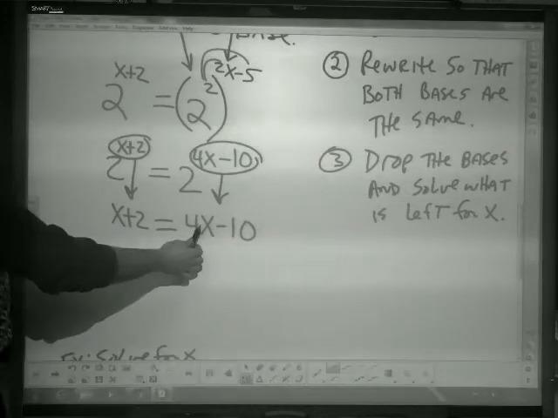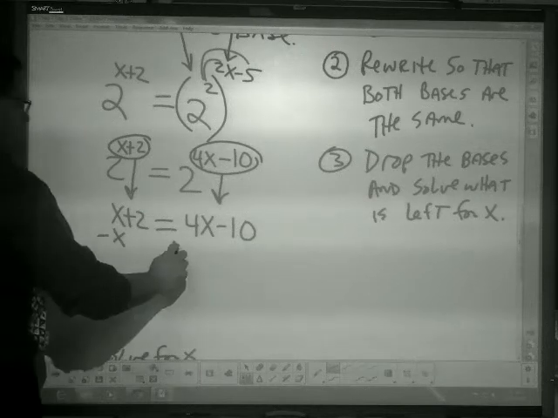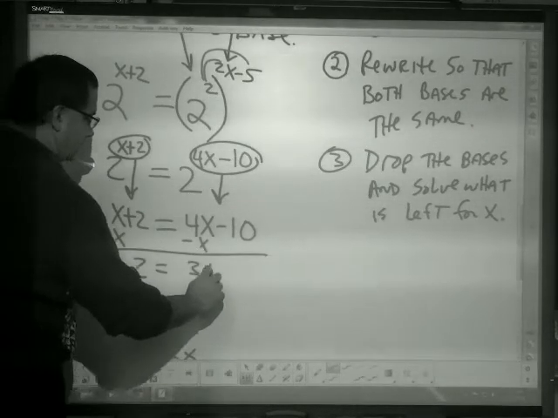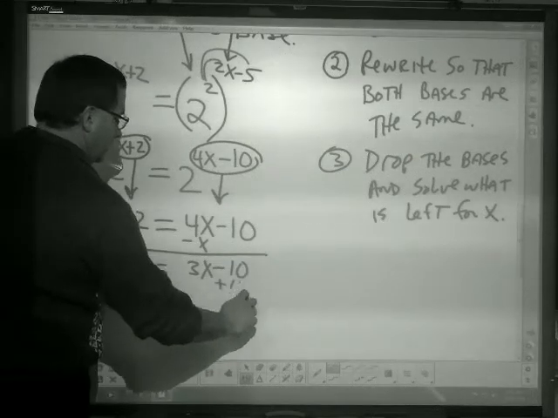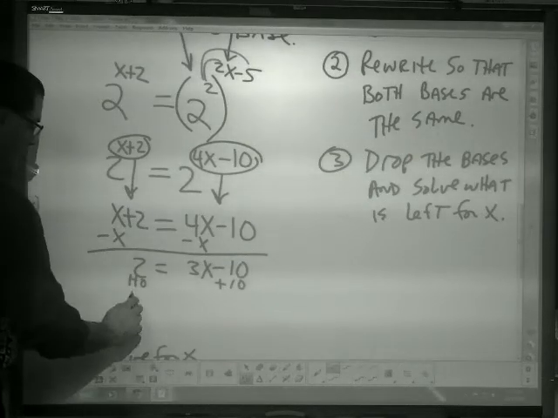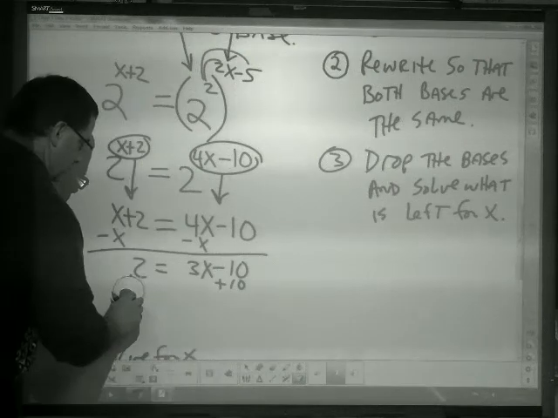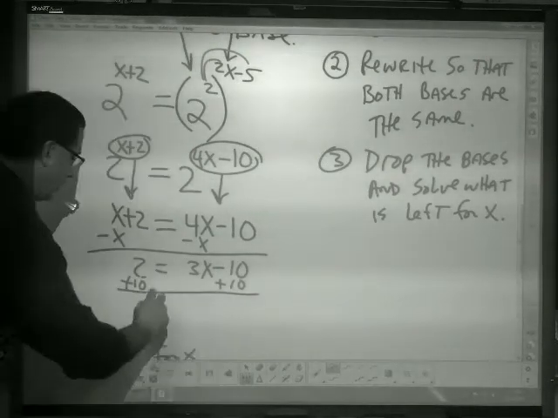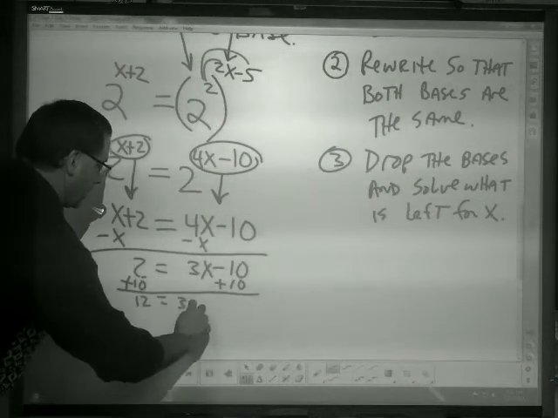So I have a 4x and an x, so I'm going to take away an x. So now I have 2 equals 3x minus 10, add 10, add 10. So now I have 12 equals 3x.